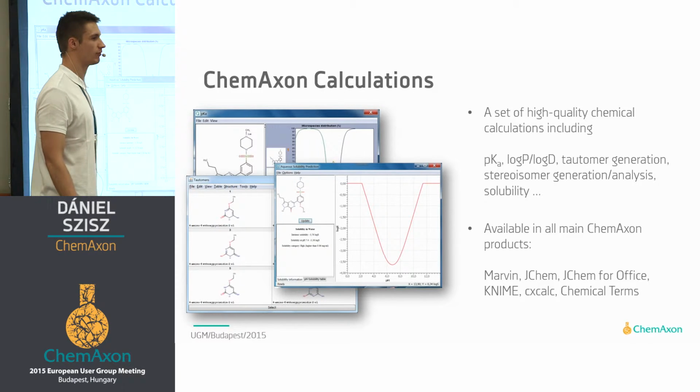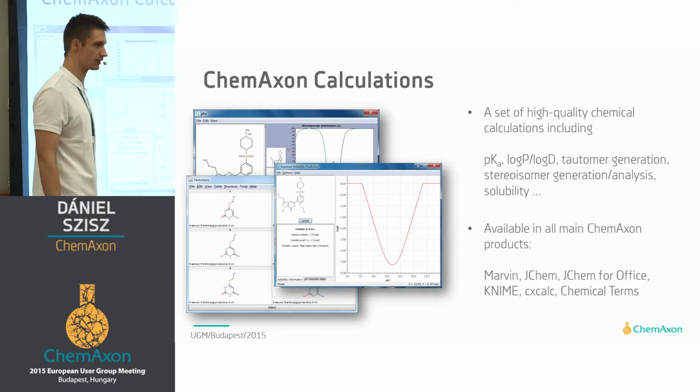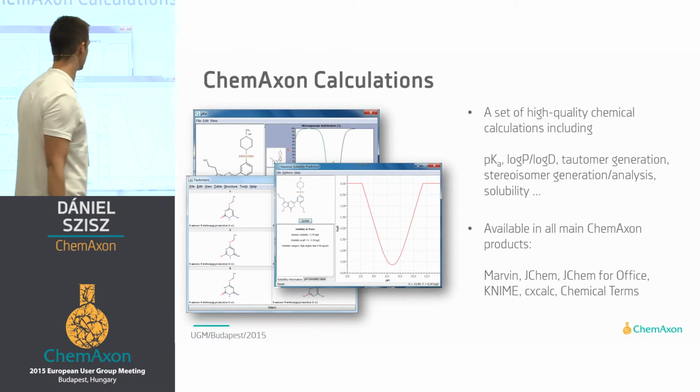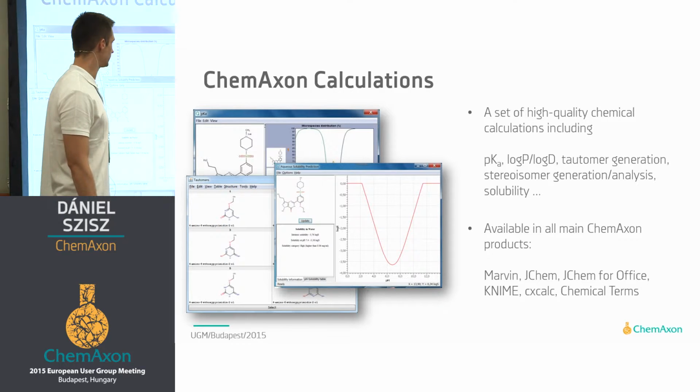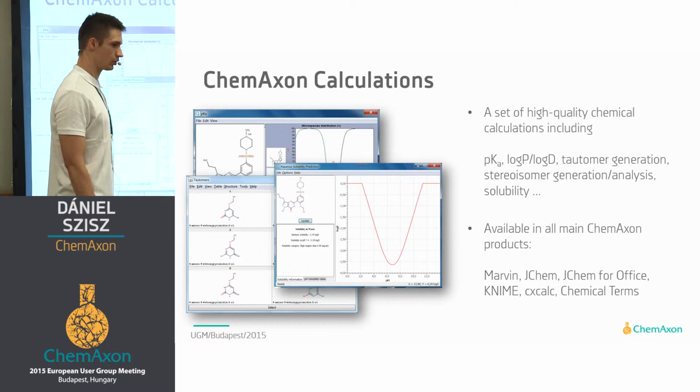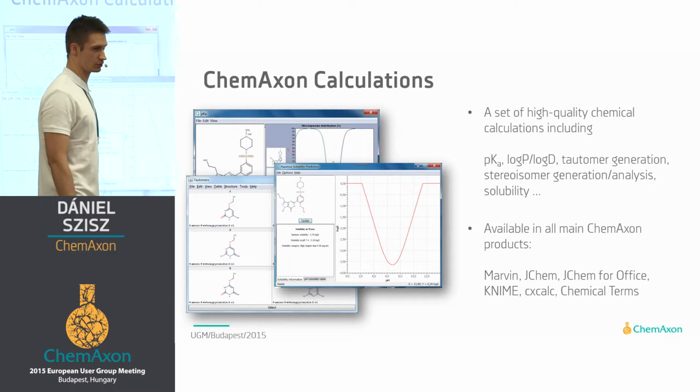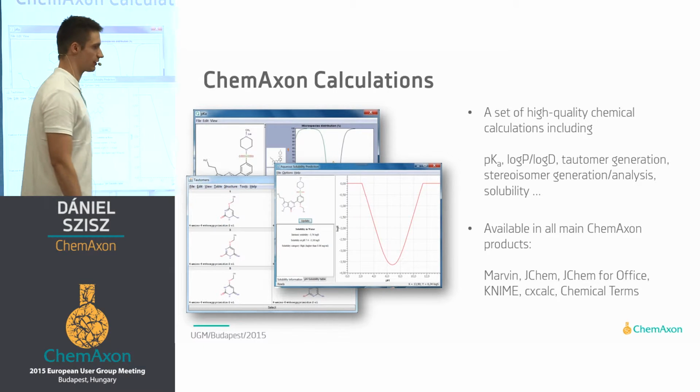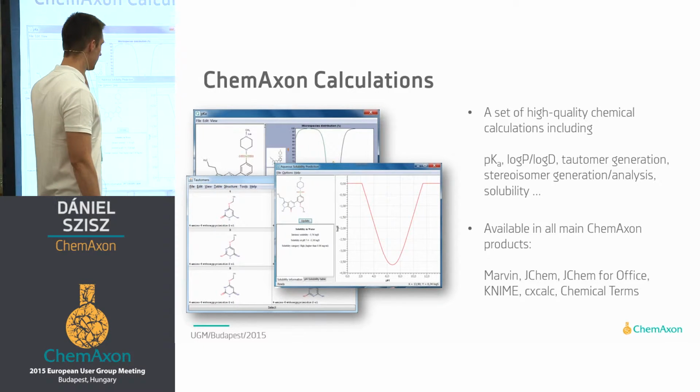Basically, we provide a different set of descriptors for everyday chemical screening or chemical work. We can calculate high-quality pKa, logP, logD data. We can generate tautomer sets, stereoisomers, conformers. We can analyze, as I will show you later, stereo features of molecules.